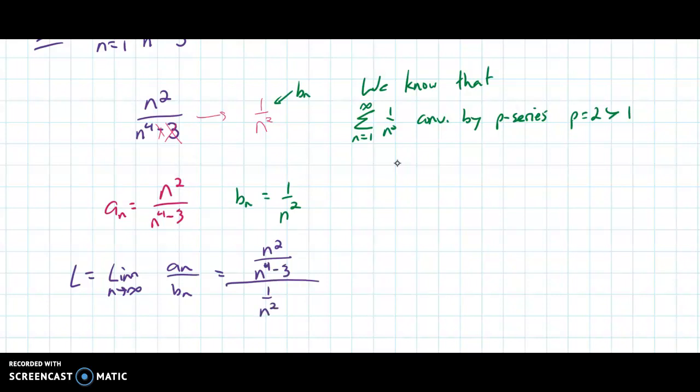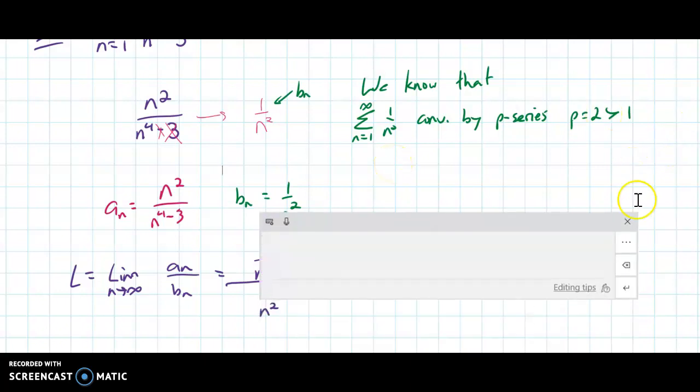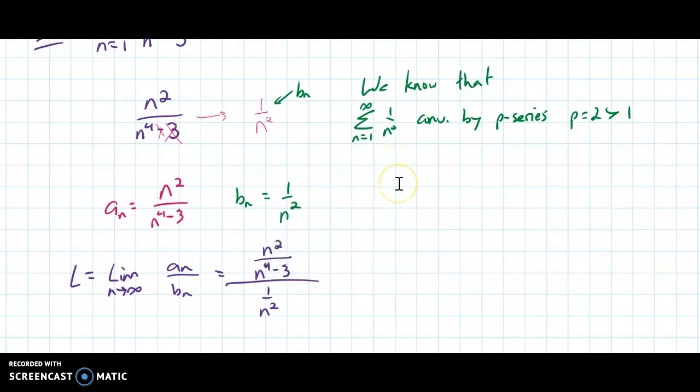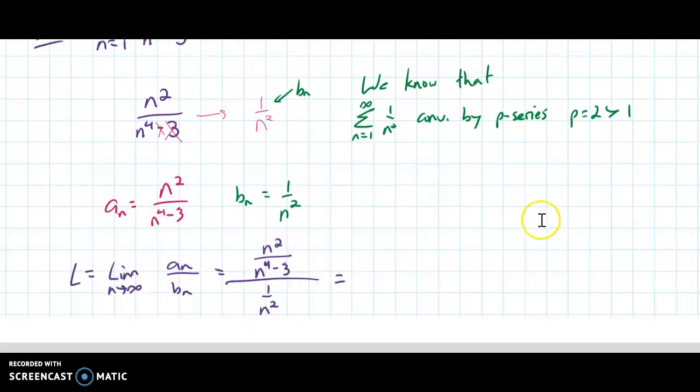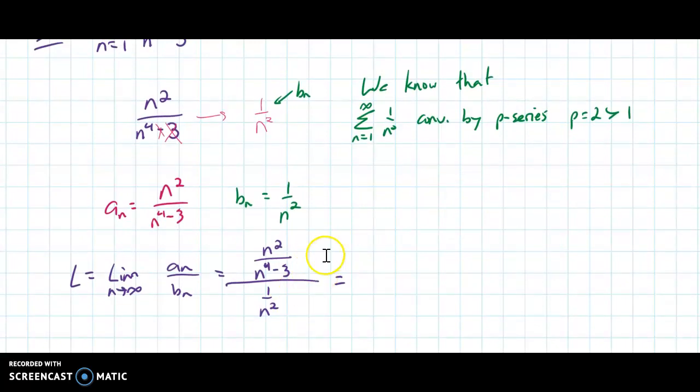Now you have to remember how to deal with dividing by fractions. Some people like to say copy dot flip. Other people like to say multiply by the reciprocal. You could also think about it mathematically: if you multiply by n squared in the top and n squared in the bottom, it cancels on the bottom and stays on the top.